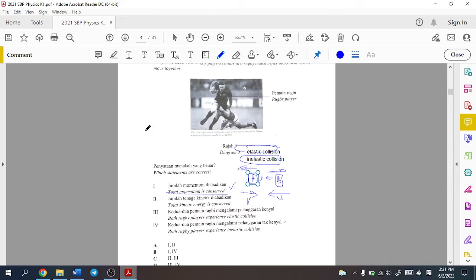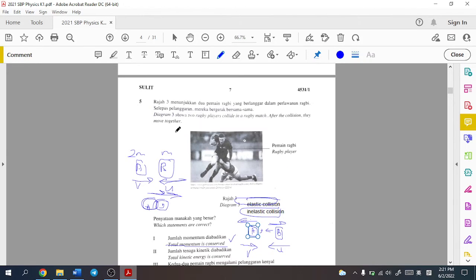Inelastic collision is this: this is A, this is B. The mass of A is 2 n, this is 1 n, with speed v and speed u. After they collide, they will move in this direction. They stick together because A has a larger mass, so they move in this direction together.